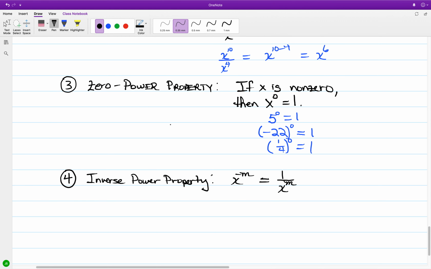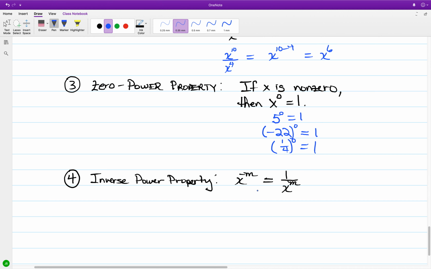And as an example, if we have x to the negative 7, that is going to be equal to 1 over x to the 7th.